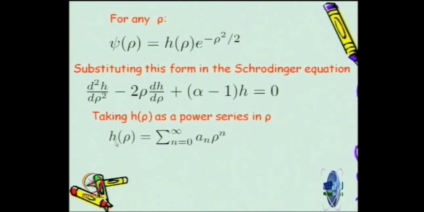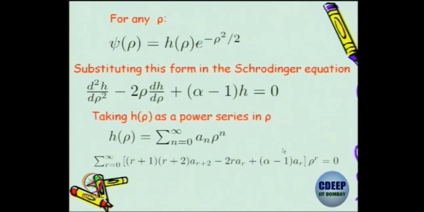So, once I have this h of rho in this polynomial form, I plug this back into the simplified time independent Schrodinger equation where this factor got cancelled out throughout, right?